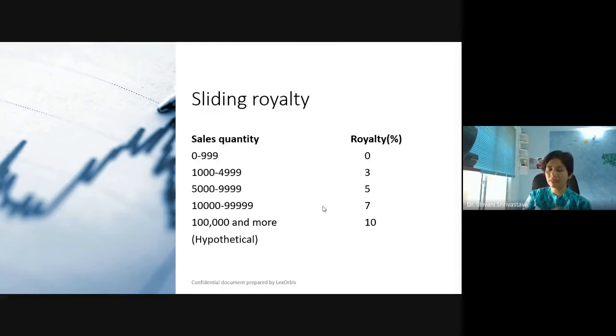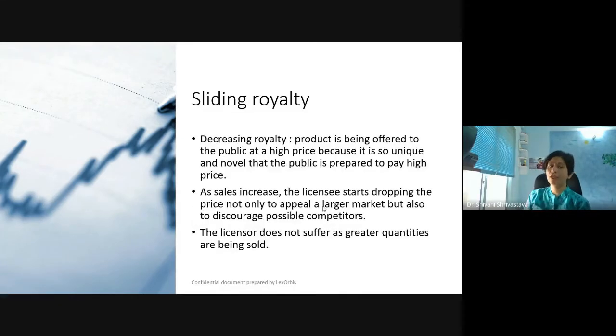The numbers I have given are purely an example, and what the percentage of the royalty should be and what the sale quantity should be can be decided by both parties, licensor and licensee. The other form is decreasing royalty. It is not always that after selling the product, the royalty will keep increasing.